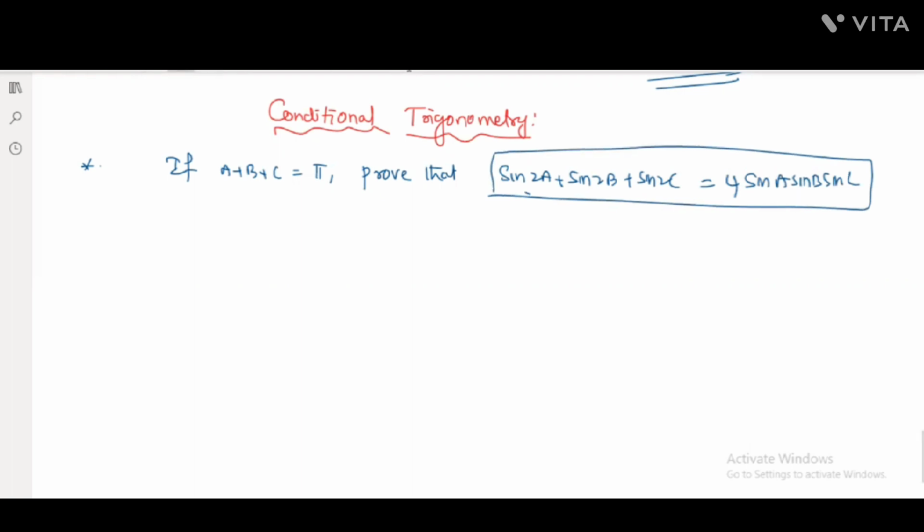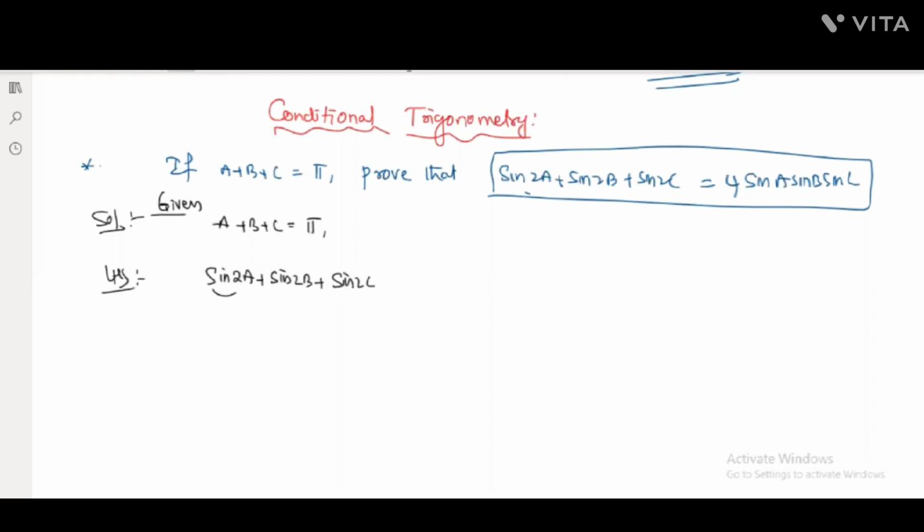Let's see how to prove this one. What is given is A plus B plus C is equal to pi. For the LHS, we have sin 2A plus sin 2B plus sin 2C.